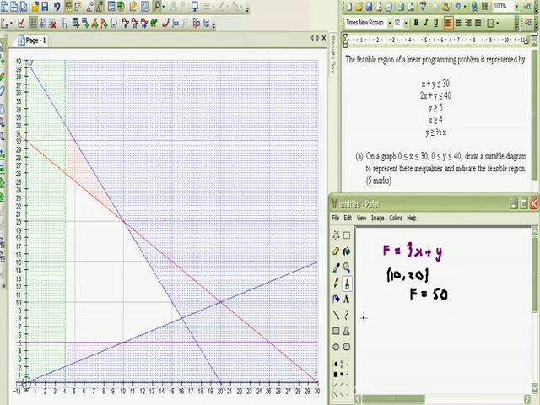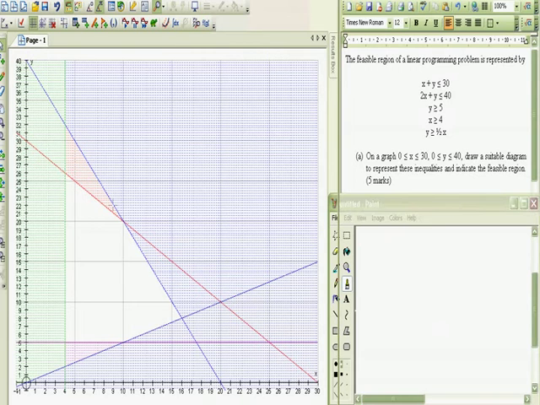Now, how do we actually go about doing that? If we remember back to Core 1, we use simultaneous equations to figure out the intersection points of 2 straight lines. So if I look at this one, my red line was x plus y is equal to 30, and it is intersecting with the green line, which was x is equal to 4, I believe.